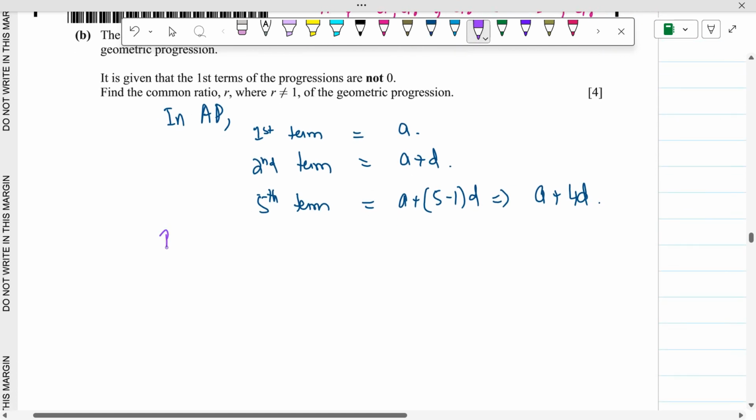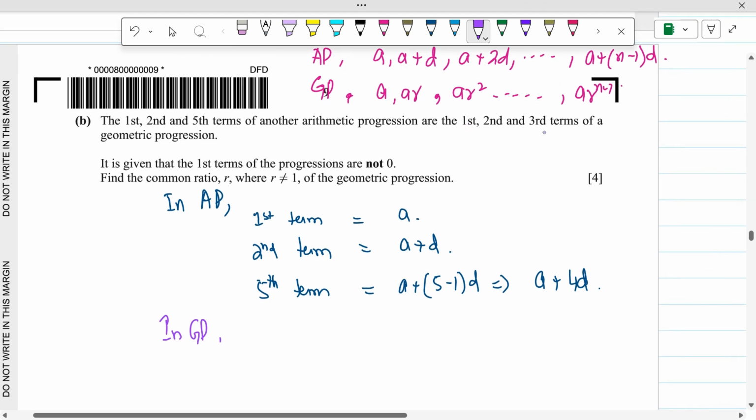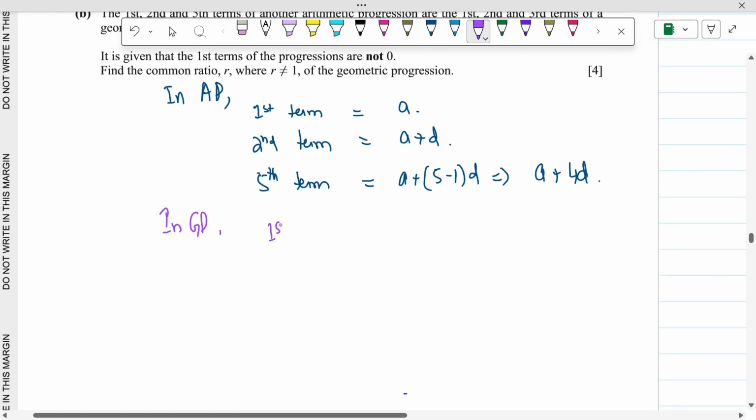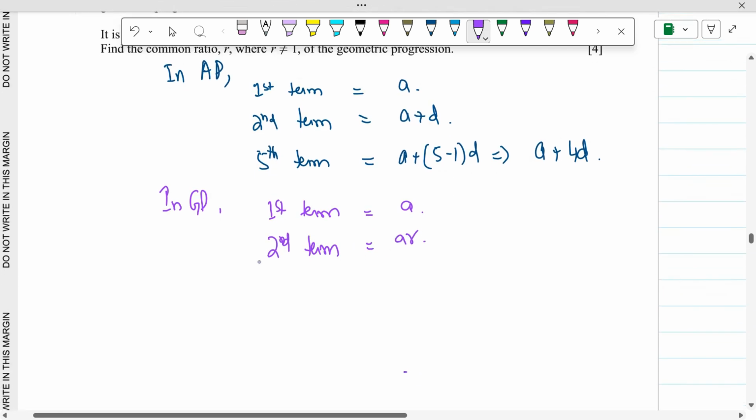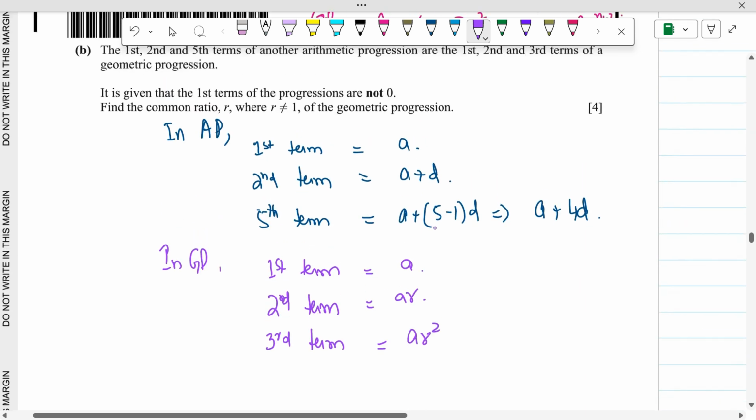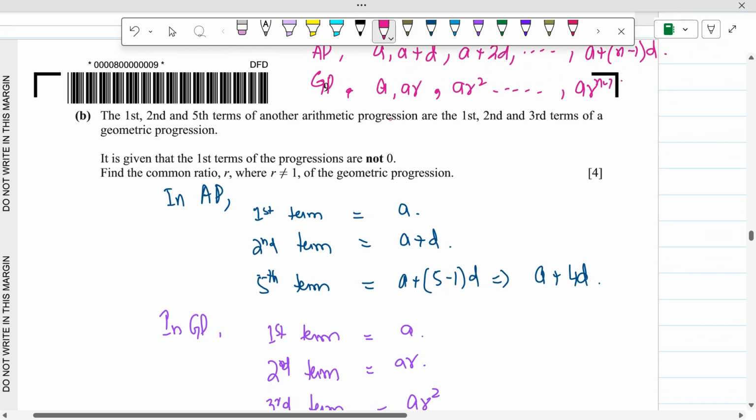Now in the geometric progression we have to find the first, second and third terms. The first term is a, the second term is ar, and the third term is ar squared. It is given that the first term is equal to the first term, the second term is equal to the second term, and the fifth term is equal to the third term.